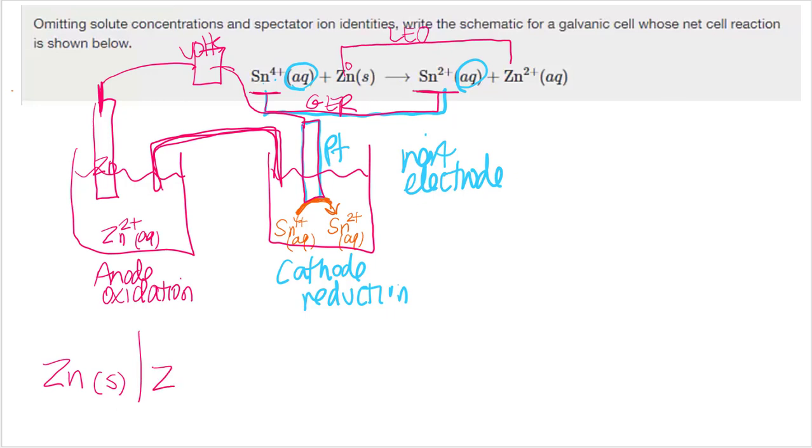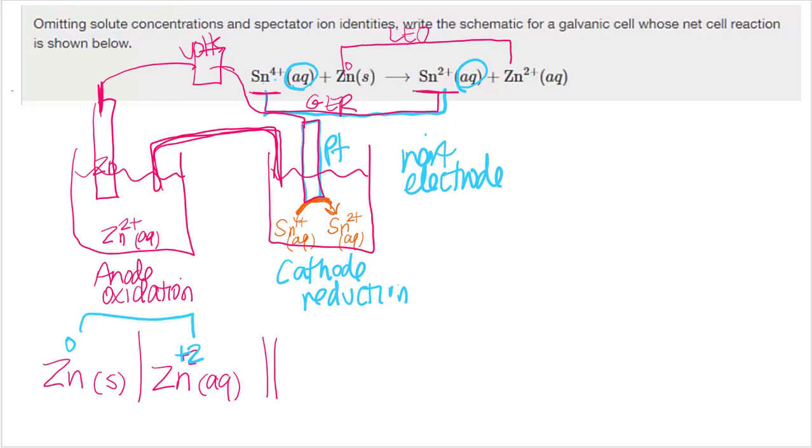So I can just be vague and say, oh, there's Zn2+, some sort of aqueous solution here. And then we have our salt bridge. And again, I can double check, is oxidation happening here? I went from a 0 to a plus 2. Yep.